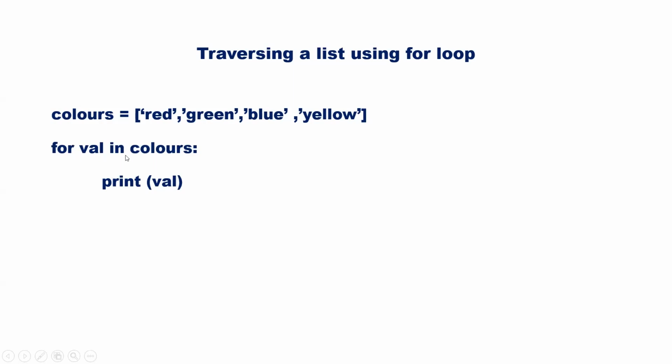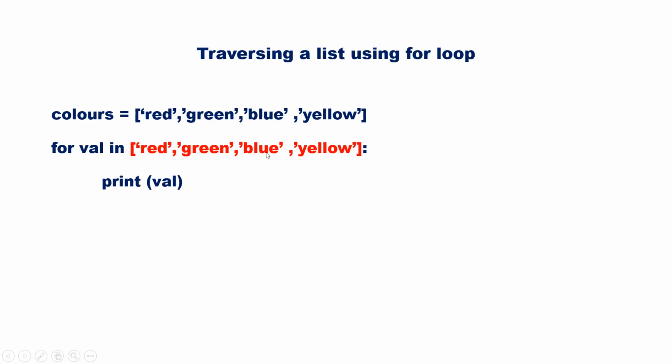When we execute this for statement, the variable val will be replaced by the values in the list. The variable val will first take the value red and then execute the body. Hence, red will be printed. Next, it will take the value green and execute the body. Green will be printed.